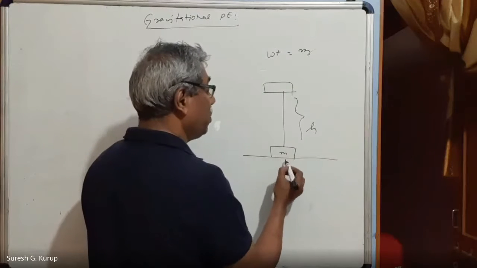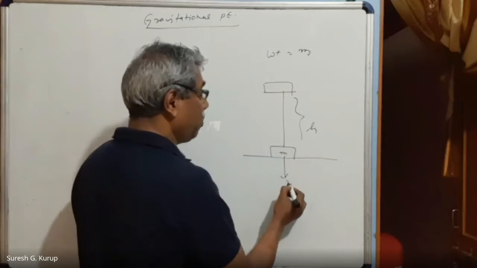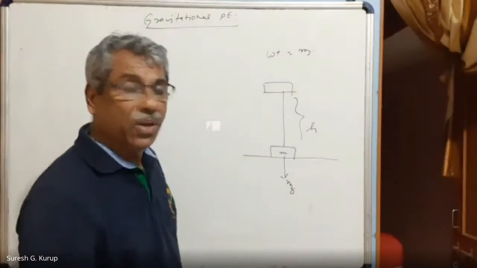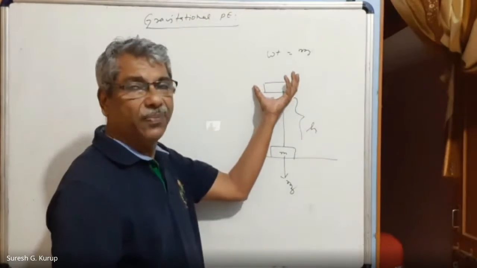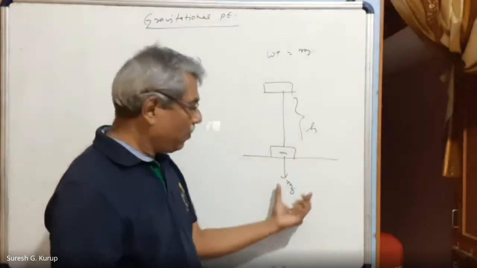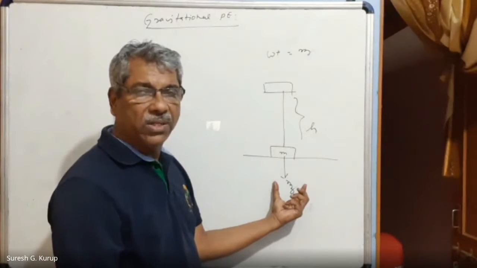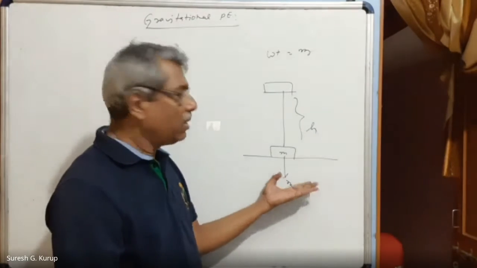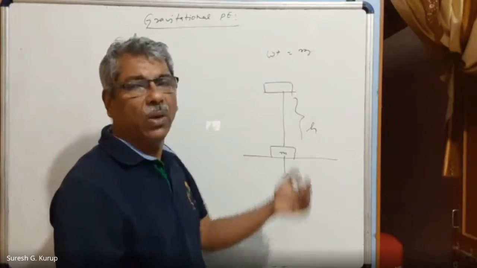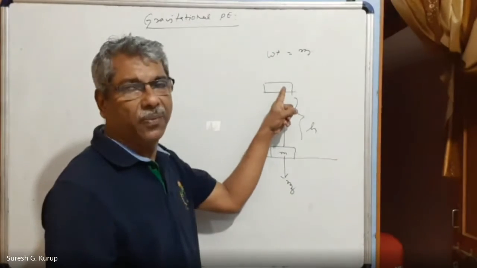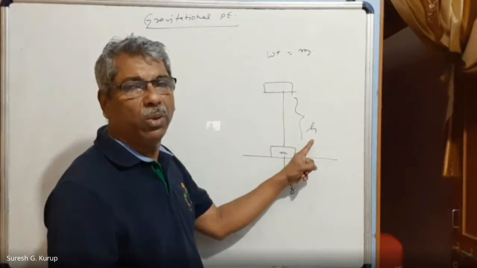The mass of the body is m. The weight of the body is acting vertically downwards. We lift the body to this height above the surface of the earth. We have to apply a force equal to the gravity force. The body can be taken slowly, without any acceleration, to this point. The body has moved through a height h.